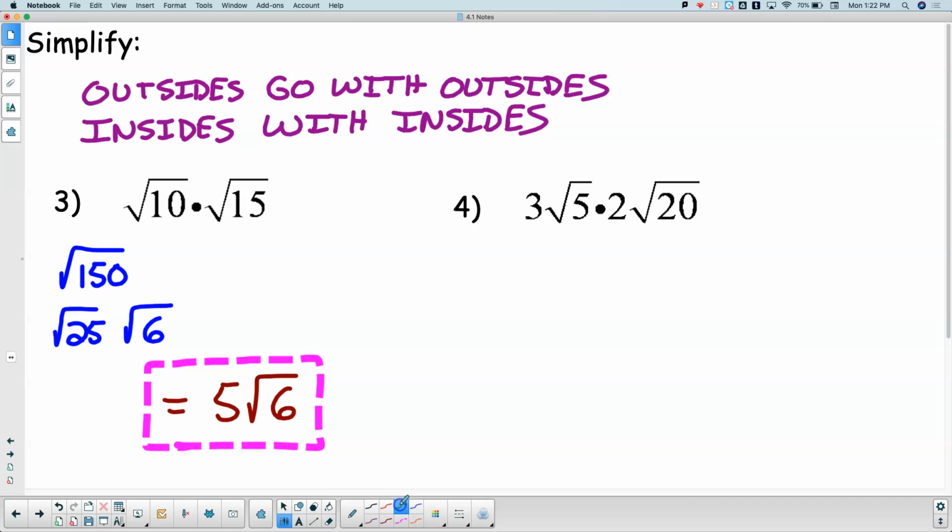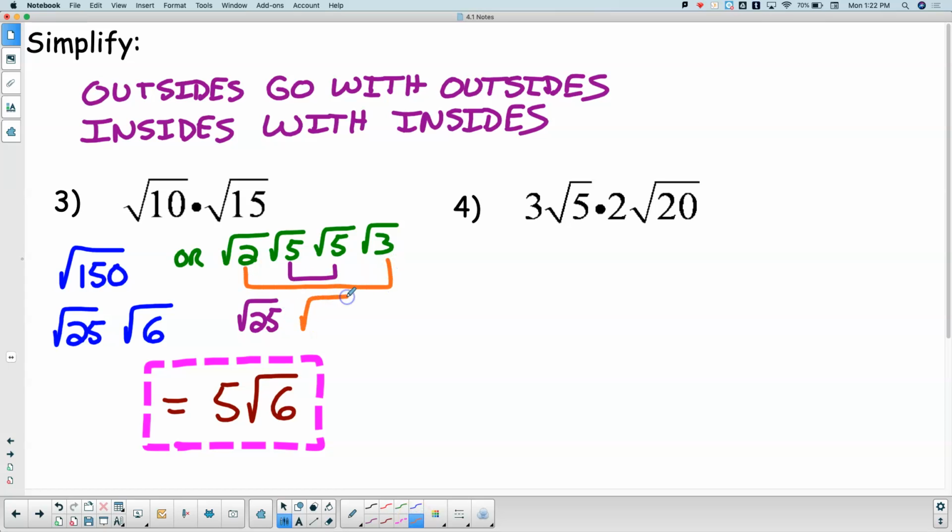Another way I could have thought of this one is the square root of 2 times the square root of 5 is the square root of 10. The square root of 5 times the square root of 3 is the square root of 15. Then these two get combined into the square root of 25, which is 5. And these two get combined into the square root of 6, which then would get me that right there.